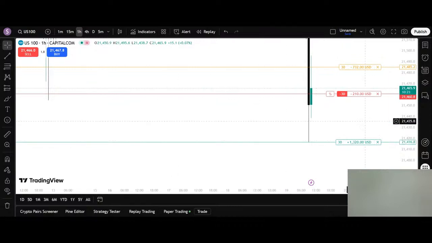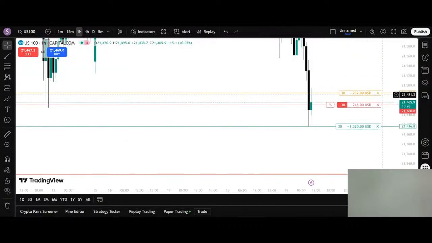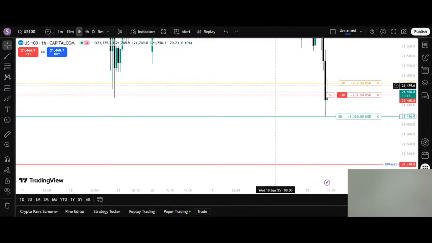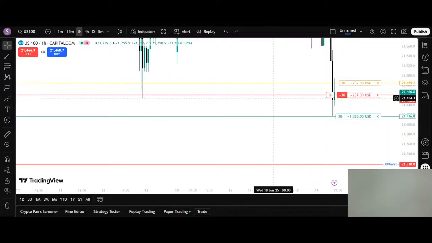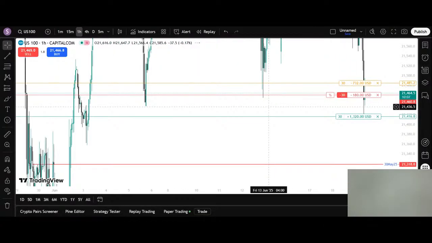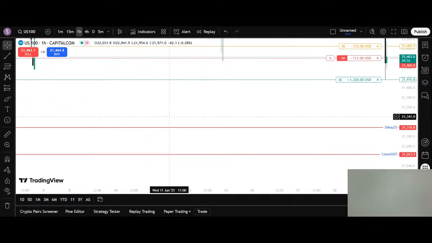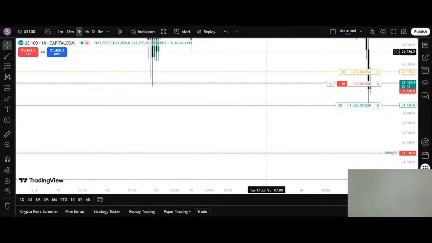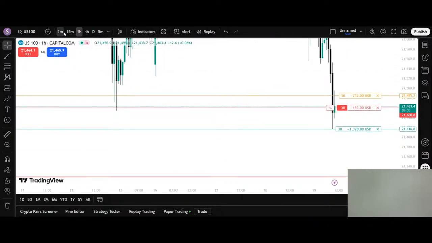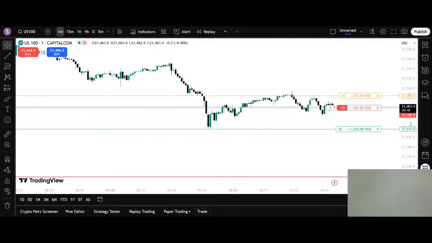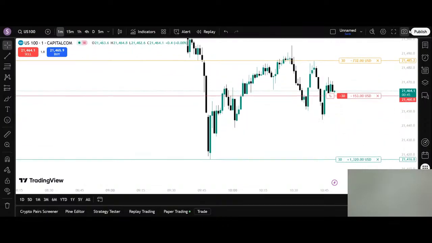There's only 10 minutes left for that candle to close. It has taken the sell side over here and here. Its next target could be here at 21,358. So I'm just gonna have to wait for it and see what happens.